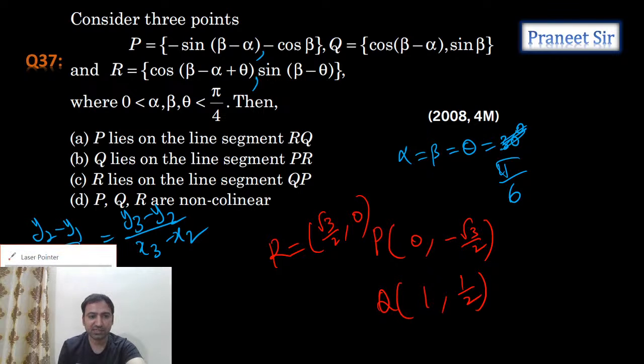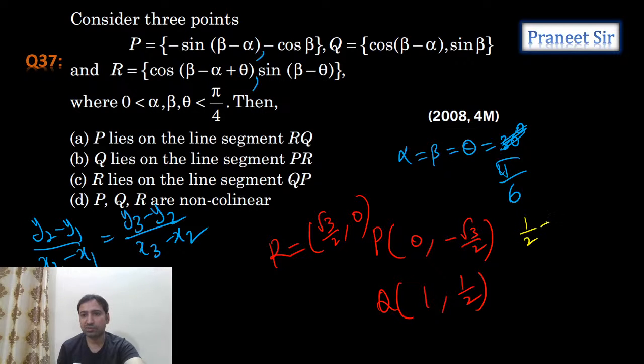So now if we use this condition here, tell me what we get. y2 minus y1, that is 1 by 2 plus root 3 by 2, by x2 minus x1, that is 1 minus 0, equals y3 minus y2, that is 0 minus 1 by 2, by x3 minus x2, that is root 3 by 2 minus 1.